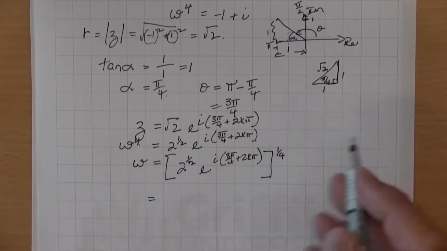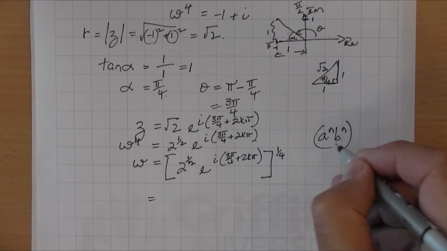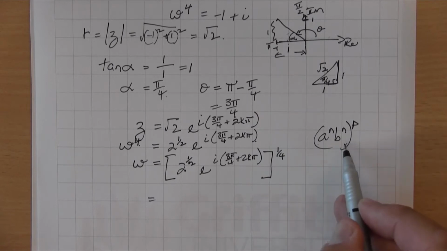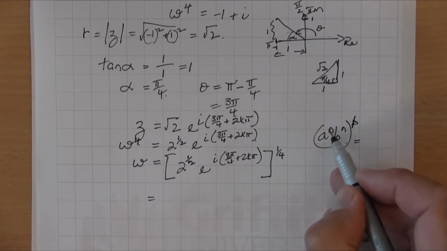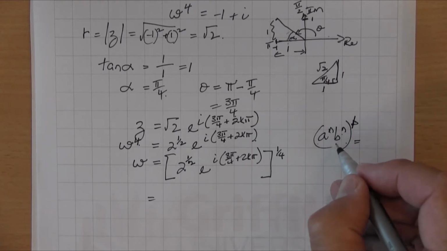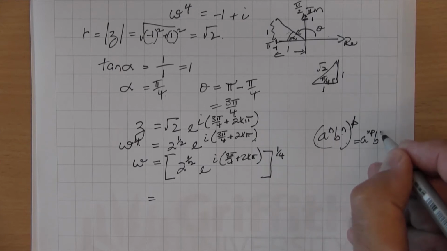Now when you've got two things multiplied together and all raised to the power of p, that p is going to be multiplied by both those powers. So that's a to the np, b to the np.